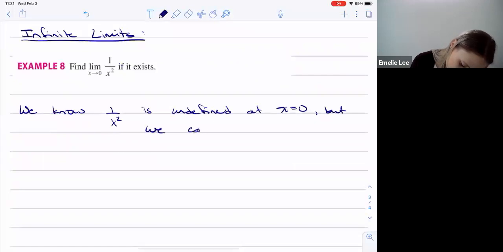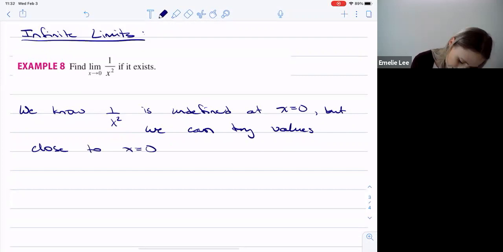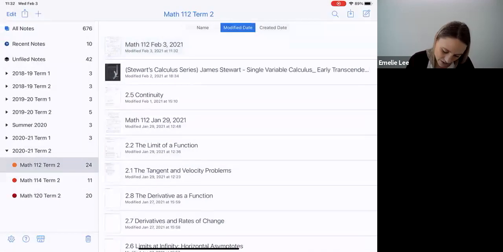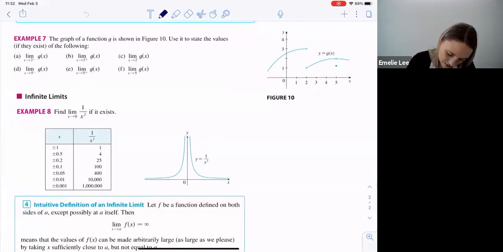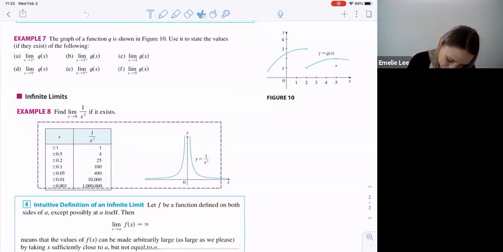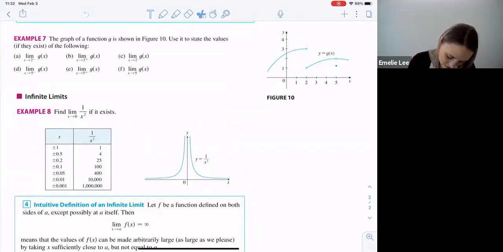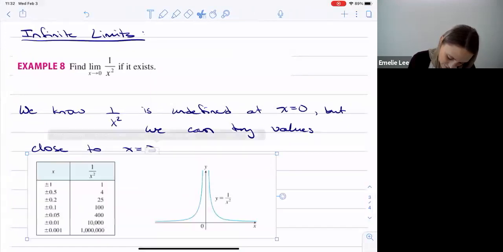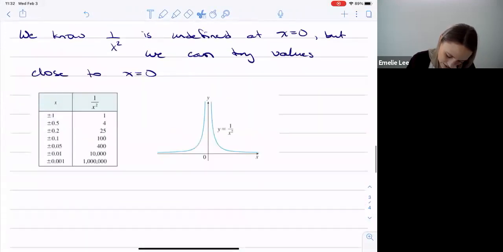But we can try values close to 0, close to x equals 0. Now I've cheated. We've got that table. So again, we're plugging in values into the function, values close to x equals 0, but not necessarily at x equals 0.